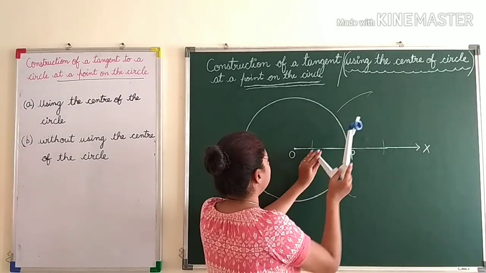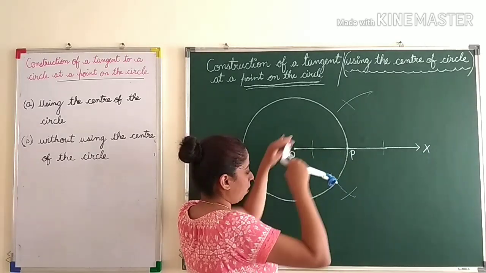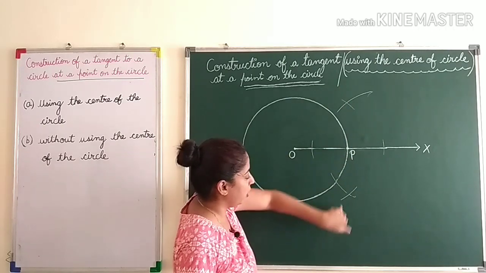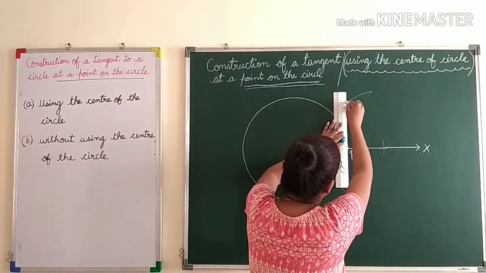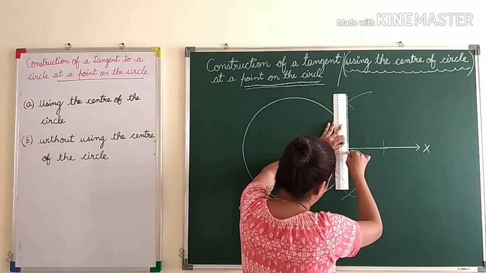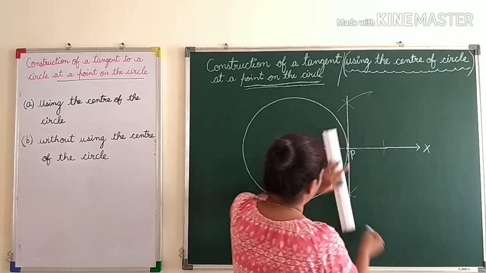Then from this point again draw an arc. Now you can see these two arcs, you join it by passing through P. So keeping a scale at P, we will draw this line.